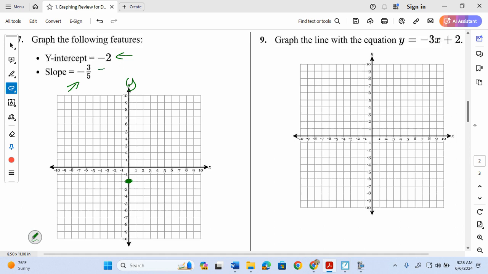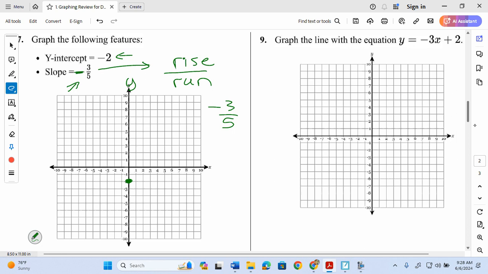Now our slope, once again, our top number is our rise and our bottom number is our run. When we see a negative slope, instead of writing it like we see it, we could write the negative with the top.